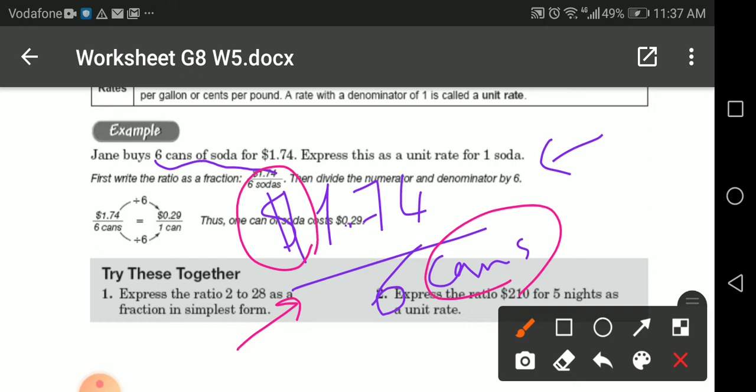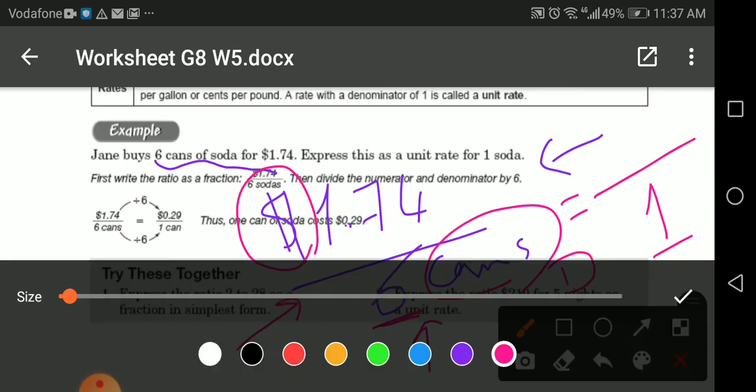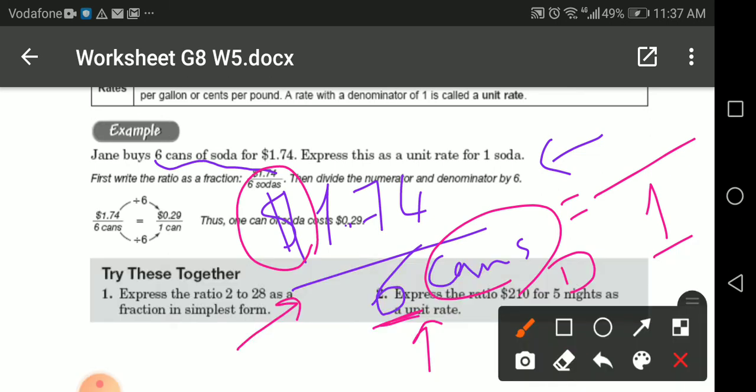What should I do here? I want to know the rate, so I want the denominator to be 1. What should I do for 6 to become 1? Who can tell me? Okay, bravo, I can hear you. Divided by 6. So 6 divided by 6 gives me 1.